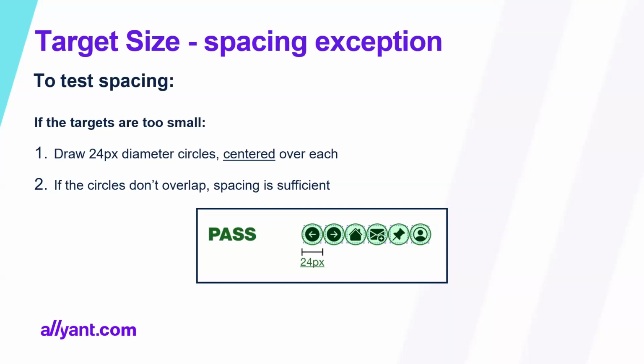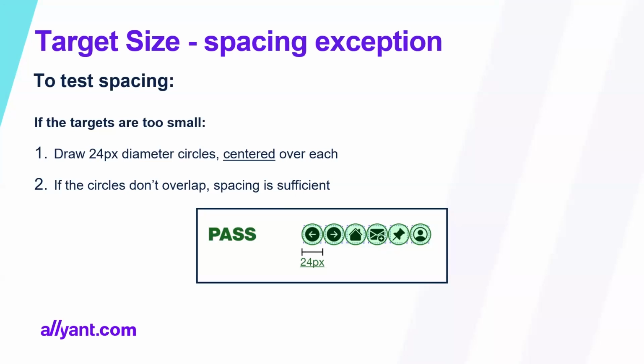So actually showing on the screen here, I've got a screenshot of a passing scenario where there are 6 icons, right, or 6 buttons on a web page, for example, and they're all relatively small, but they have their 24 pixel diameter circles drawn over the center of each one, and those circles do not overlap. Okay, so if the targets are small, but when you draw the circles over them to check their size, if those circles don't overlap, then you're okay, right? Now they can be really close, they could even be touching.